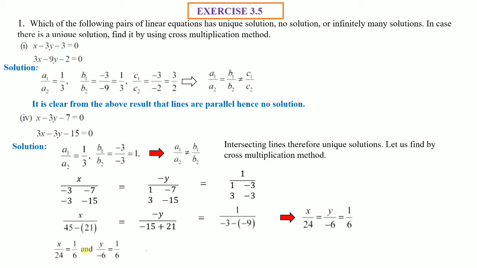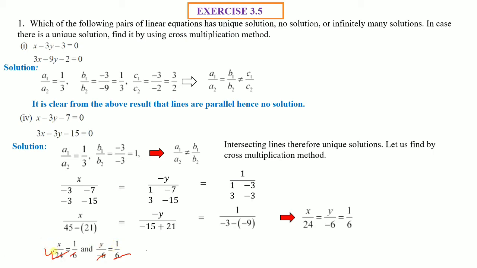Then cross multiplication. So this 6 and this 24, 6 fours are 24, will cancel, so we will have this 4, and this 6 will cancel with this 6. So cross multiplication, we will have y is equal to minus 1.